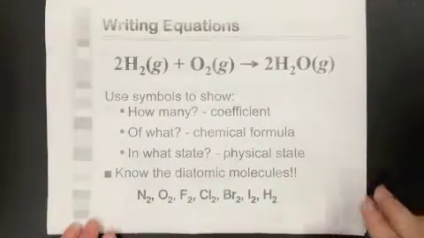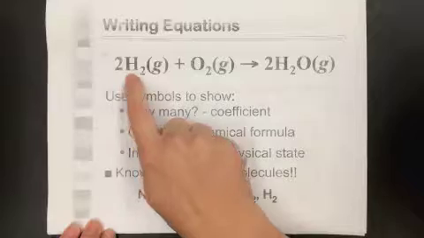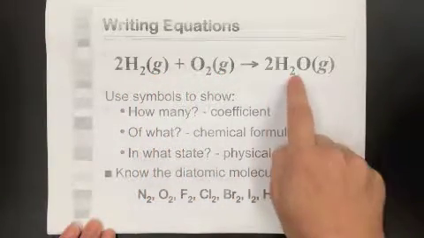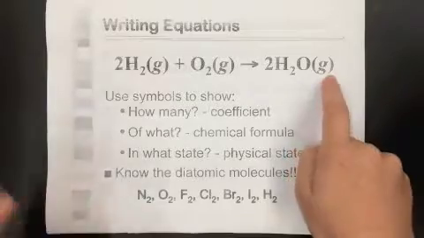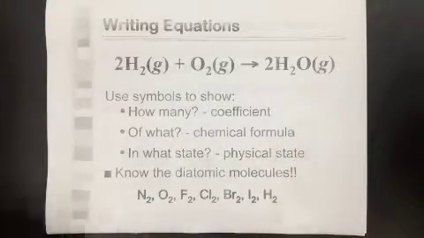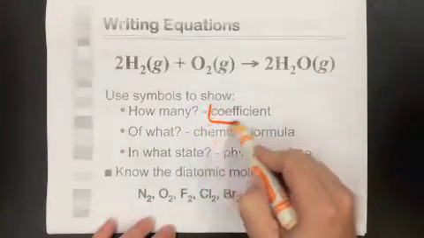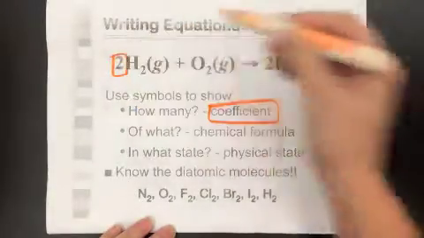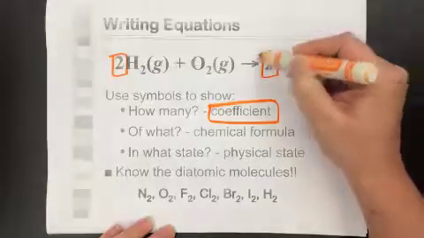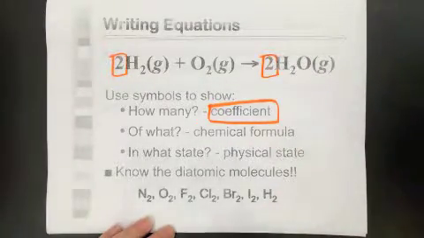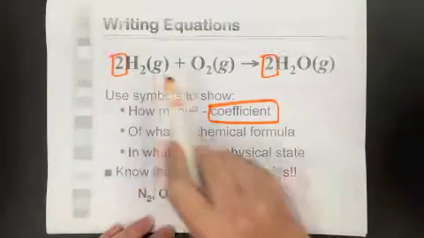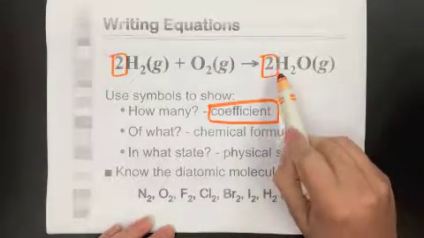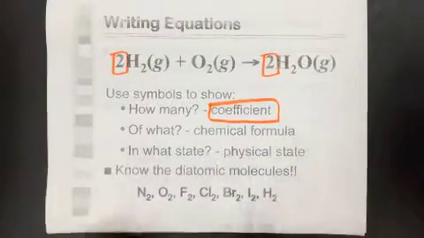So, for example here, this is 2H2(g) plus O2(g) produces 2H2O(g). What does this tell you? First off, it tells you how many by looking at your coefficients. Your coefficients are the big numbers out in front. In this example, this is saying that you have two hydrogen gases reacting with one oxygen gas, producing two water molecules.